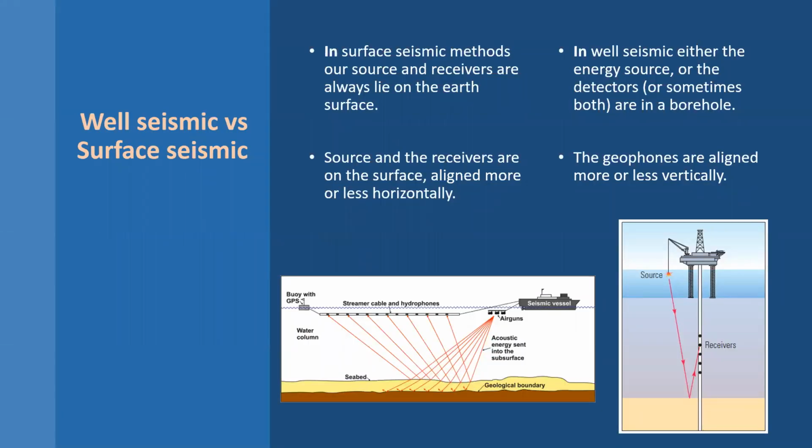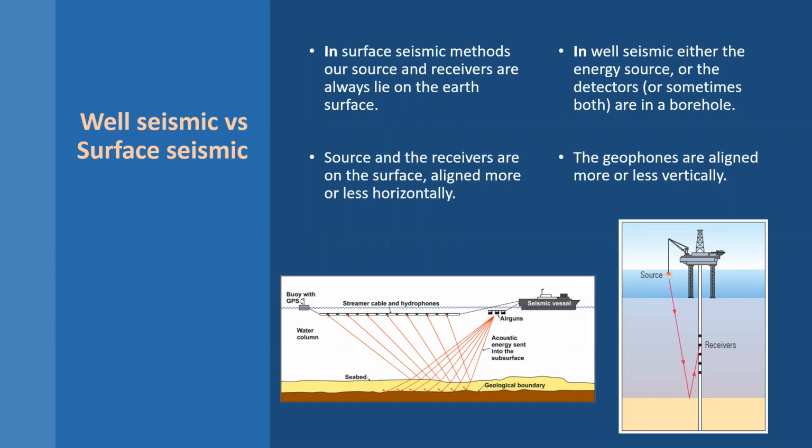Before going into further detail, first I will describe the differences between surface and well seismic methods. In surface seismic, our source and receivers always lie on the Earth's surface or near the Earth's surface.